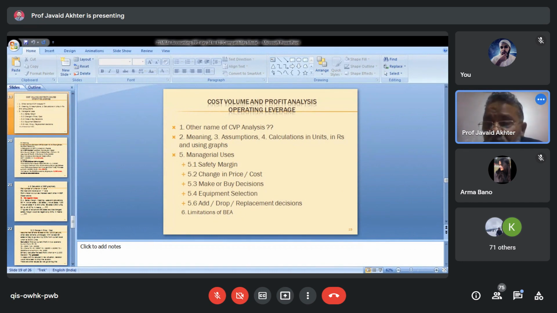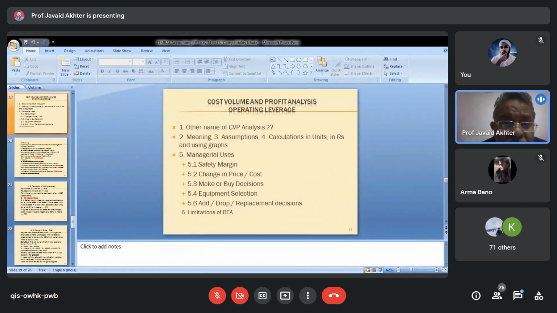So these are the 5 broad assumptions of this analysis. We will see what this analysis is and how to calculate it, but I have discussed the assumptions first because the decisions and recommendations we reach will be true only under these 5 assumptions.